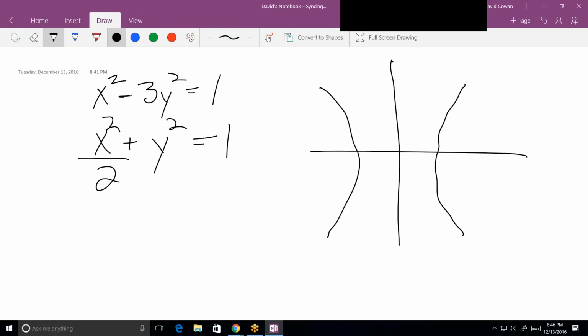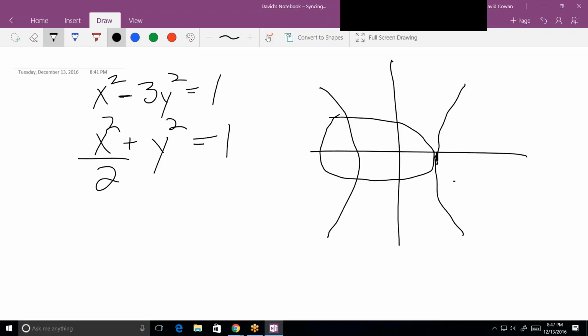I think what I got on my test was that my ellipse was tangent at 3, 0. And then it intersected at plus or minus 2, but I think the x coordinate was 1. So something like this. If it's tangent over here, it's going to intersect at 2 different places over there.